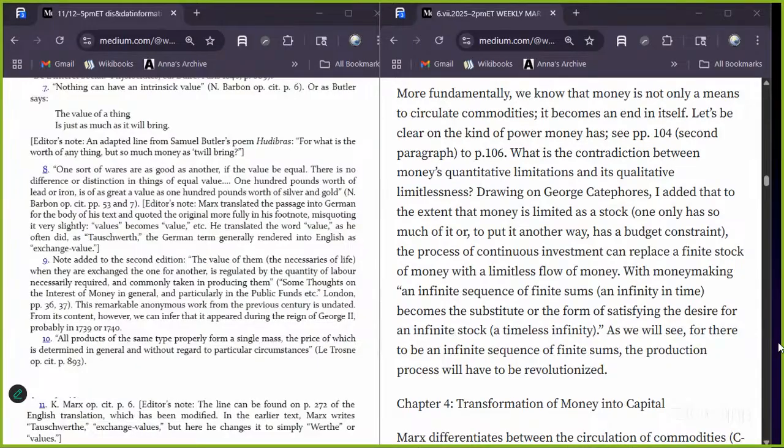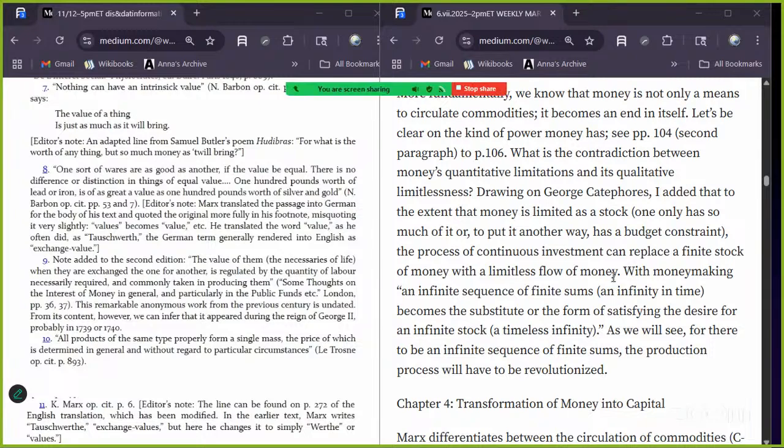Now, that all sounds kind of metaphysical, but it is this question of the interchangeability of stock and flows using money. As we will see, for there to be an infinite sequence of finite sums, the production process will have to be revolutionized. So packed in those couple of sentences is a much larger concept of thinking about stock and flow, which is really important further on.